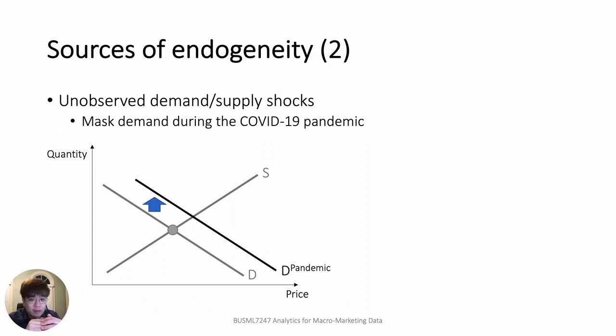But the pandemic generated a big shock on both demand and supply. On the demand side, the need for masks significantly increased, so the demand curve was lifted up. On the supply side, the production costs increased, and consequently, the price increased. So the supply curve was shifted to the left, and the new demand and supply curves generated a new equilibrium.